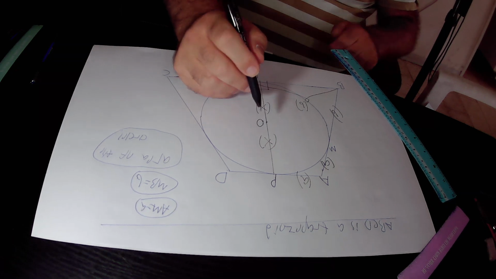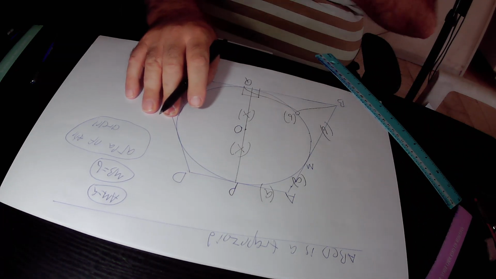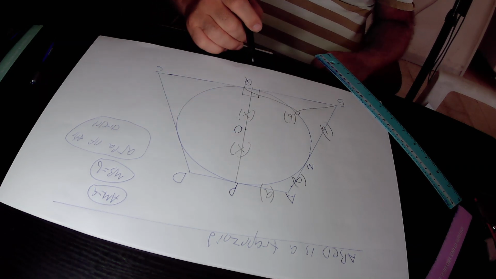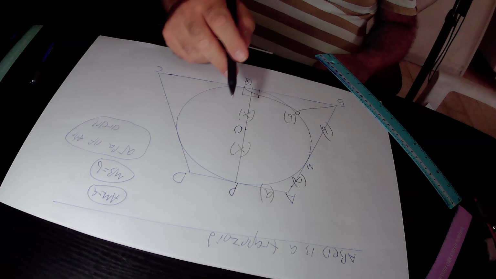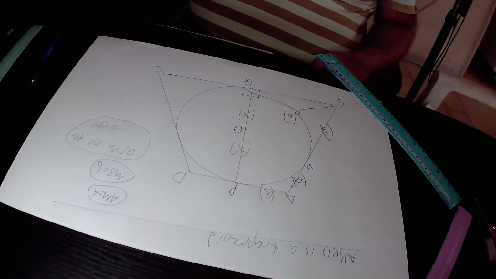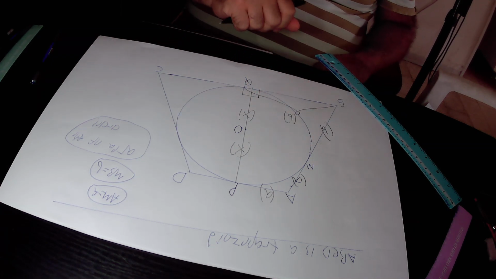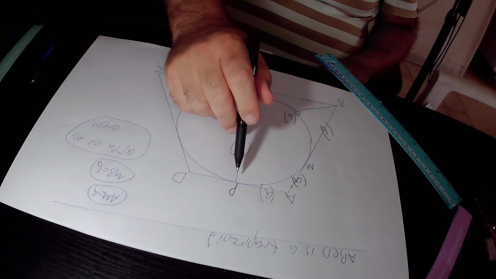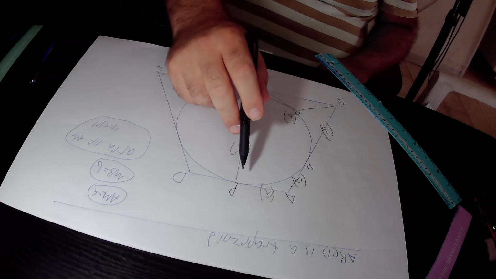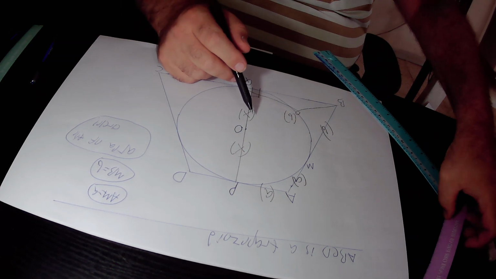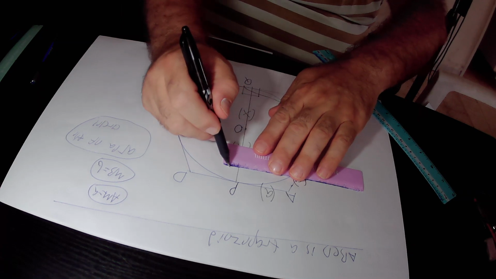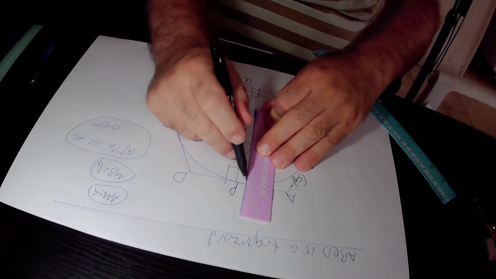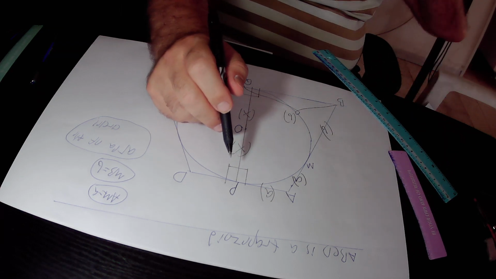And because the radius OP is drawn to point P, that is the point of tangency of tangent AD with this circle, tangent AD will be perpendicular to the radius PO. If AD is perpendicular to PO, it means that this angle equals 90 degrees. And this angle also equals 90 degrees according to the same rule 1.